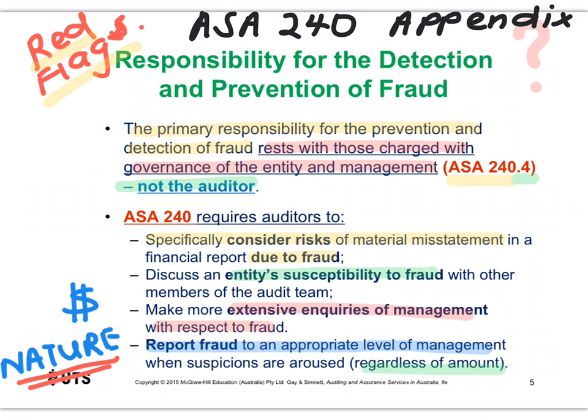So it's quite a long list of things to look at. So please make sure you refer to the appendix of ASA 240 because it's going to give you a better understanding of the things that we have to be really alert about, and the things that would highlight something that seems suspicious, and will highlight areas that we should look into and investigate further.